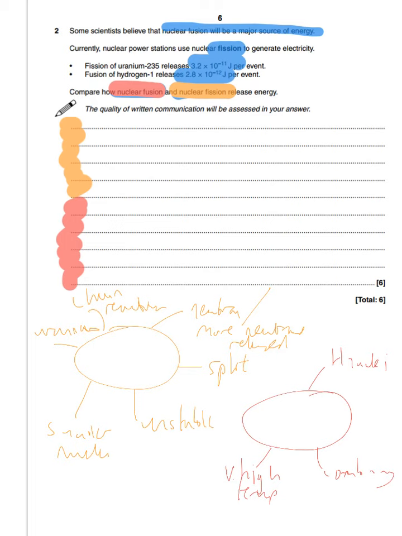I would maybe write about the outcomes. So I would maybe think, well, helium forms if eventually we fuse hydrogen and then fuse that to make deuterium and tritium, and then it would make helium.